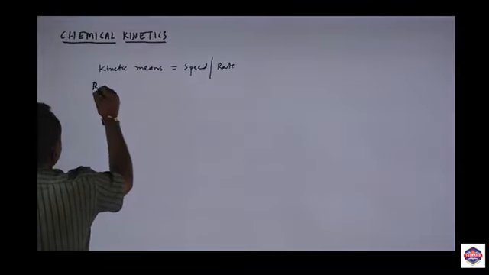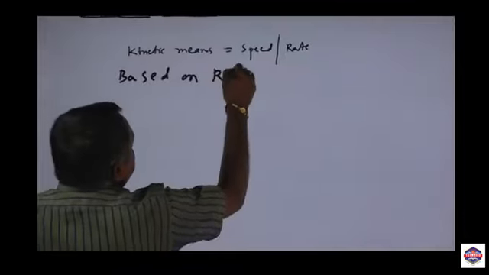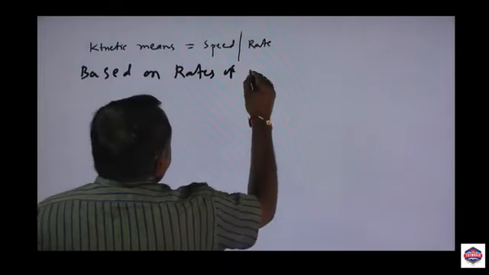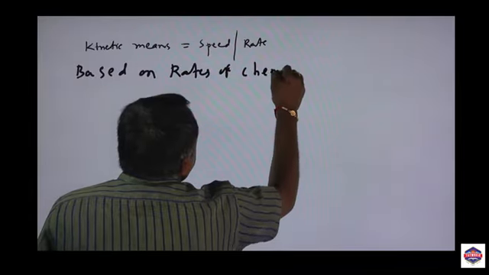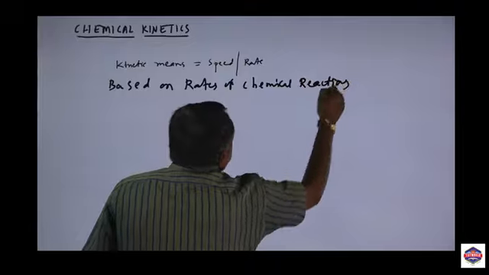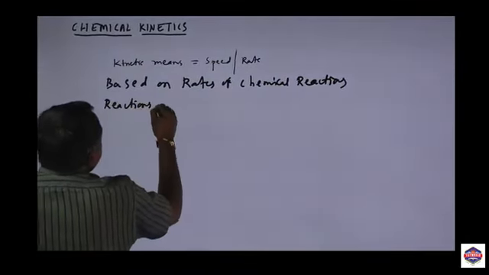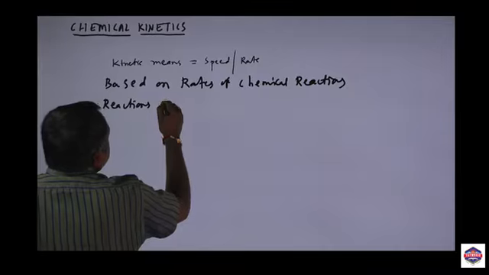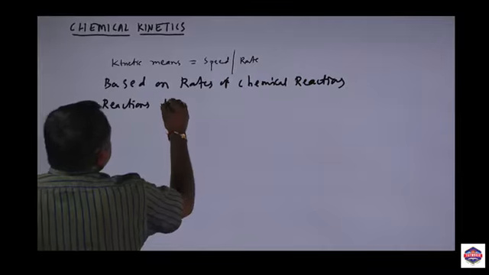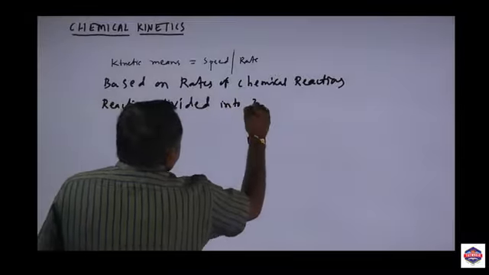Based on rates of chemical reactions, reactions are divided into three different types.